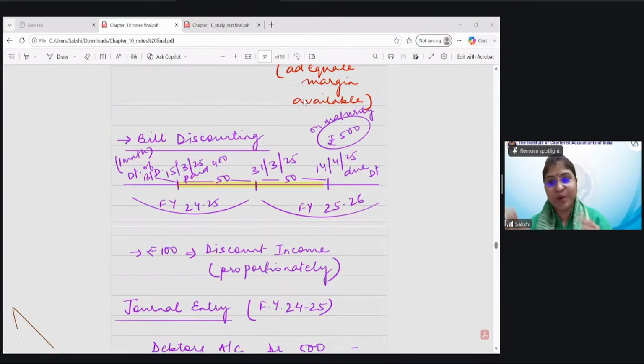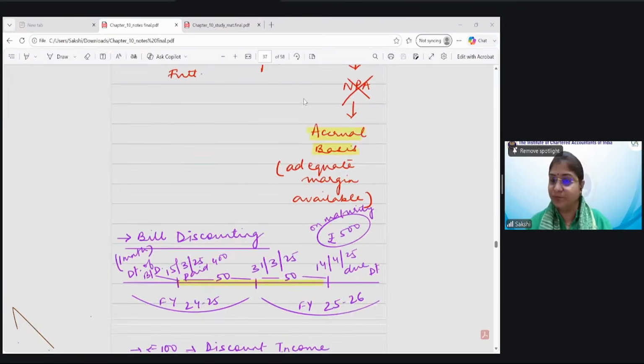Or should I book the income for the entire 100 rupees in the financial year ending 31st March? What would you do? Come on, write to me in the chat box. This 100 rupee income of the bank, how should the bank book it? Should it book 100 rupees income entirely for financial year 24-25?